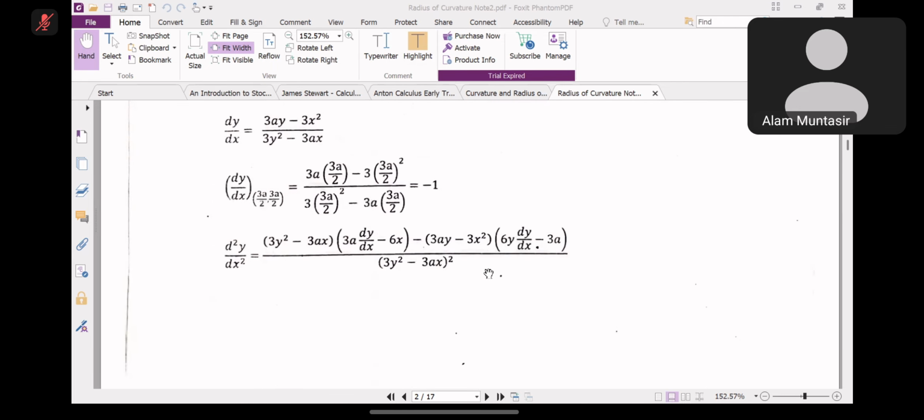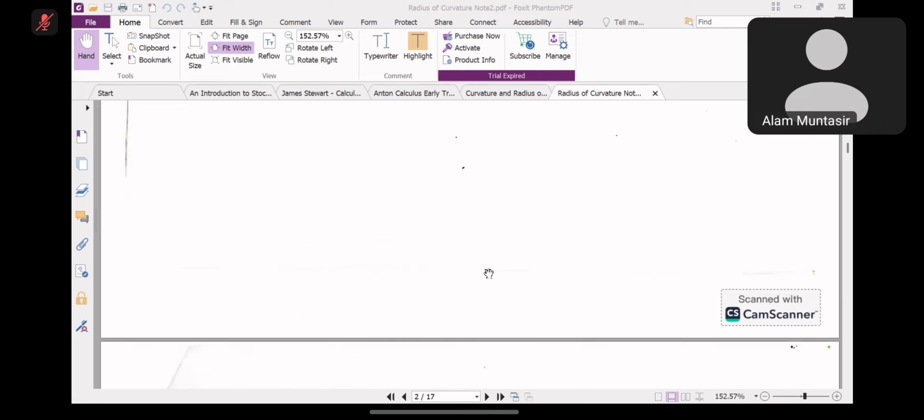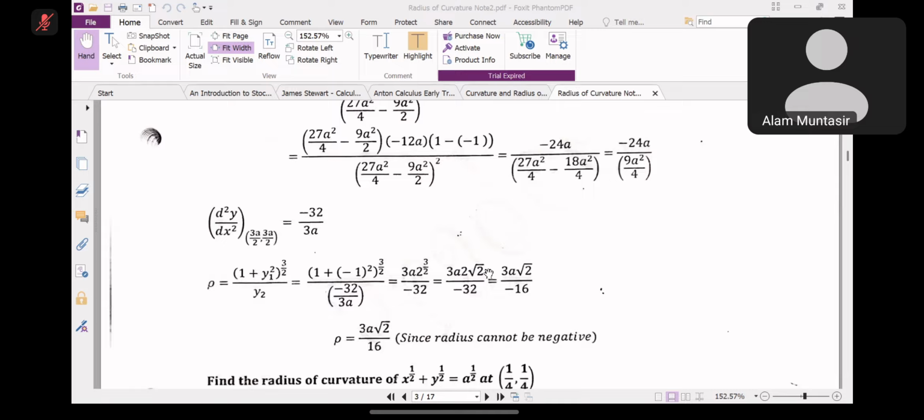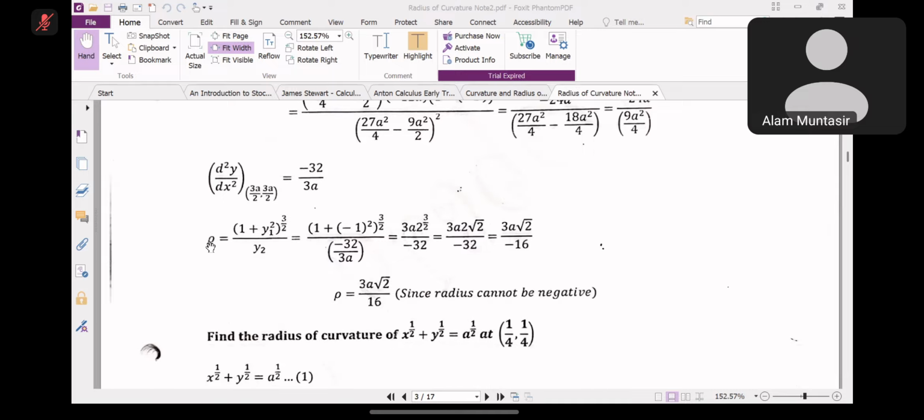Similarly, calculate the second derivative and substitute the point, or get the second derivative value at that point. Once they are done, then use the main formula of finding radius of curvature to get the numerical value. Okay?